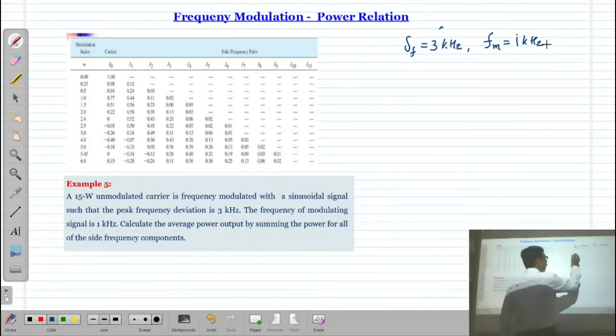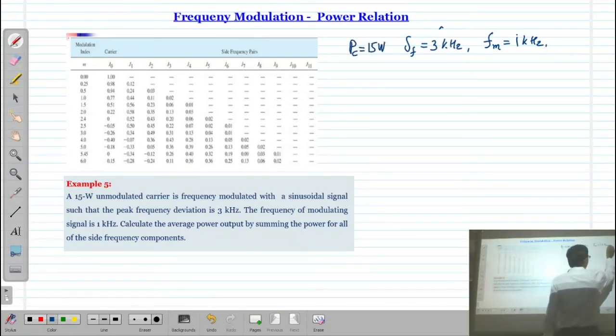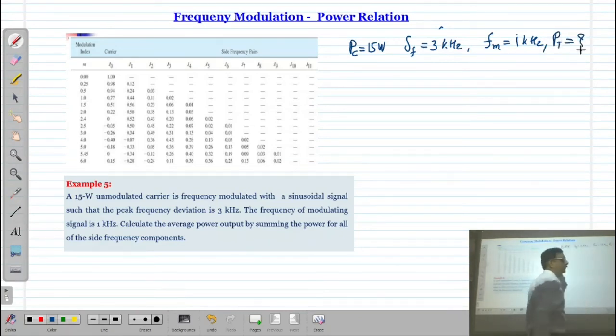So before the modulation, the power is Pc equal to 15 watt. Now we have to calculate the total power after the modulation. First of all we will calculate the modulation index. According to the definition, mf is equal to delta f by fm.